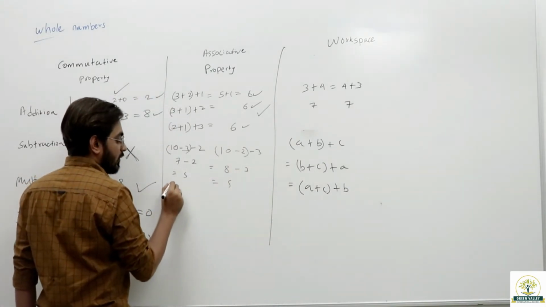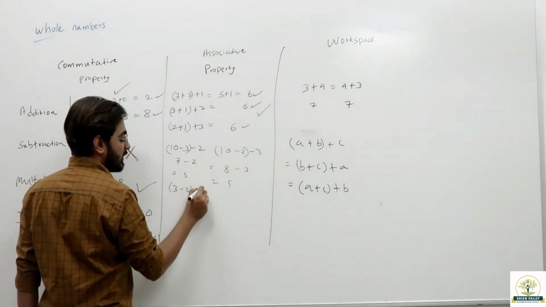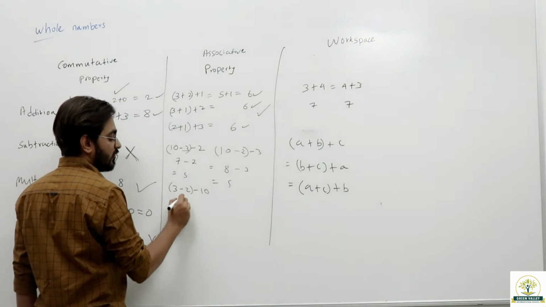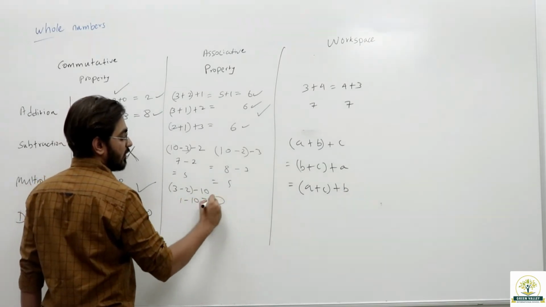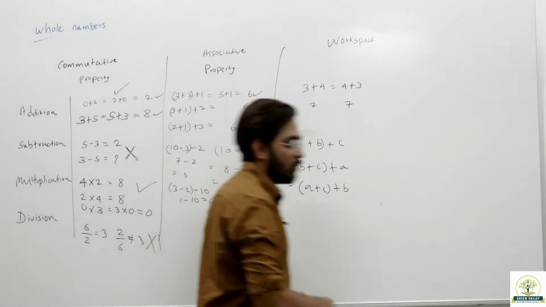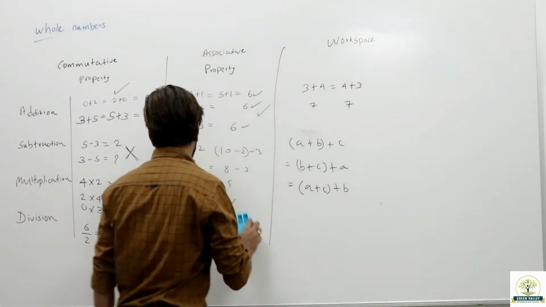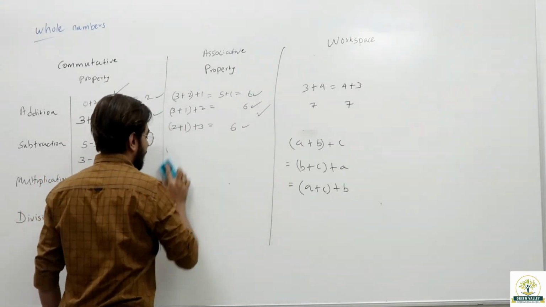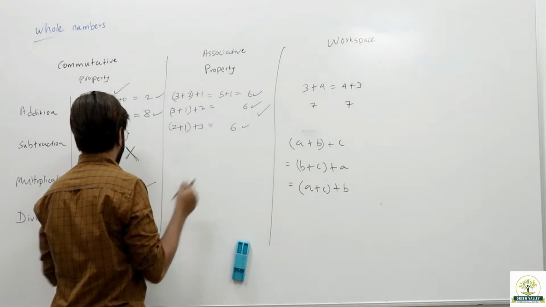Let us take another, 3 minus 2 minus 10. The grouping is different. 3 minus 2 gives you 1, 1 minus 10, will the answer be a whole number? No. So subtraction does not follow associative property for whole numbers. So I am directly writing it does not follow.